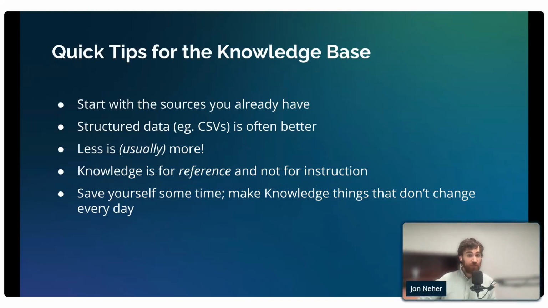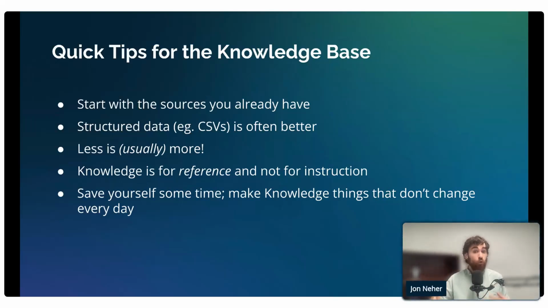And I talked about this a little bit with that handyman connection website example. Less is usually more. There's going to be a lot of searching that the AI is going to do to try and find the information that it needs. But if the information is similar based on the question that someone asks, it's more likely for something to be incorrectly matched.